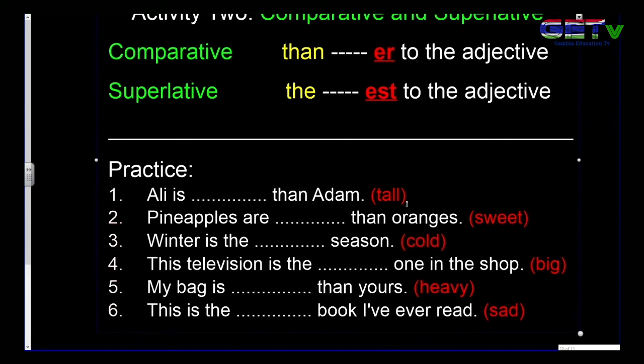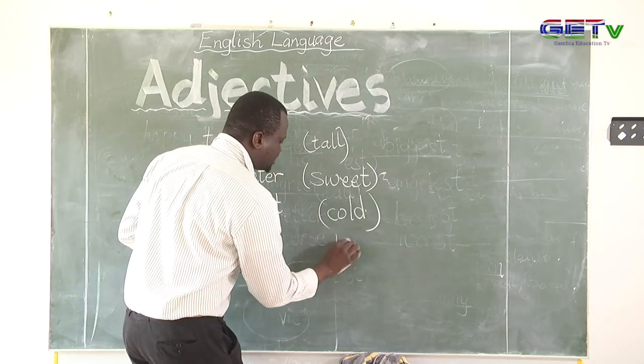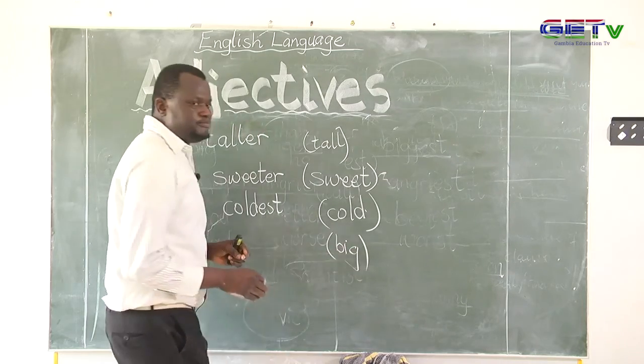Now the fourth one, number 4. This television is the blank one in the shop. Remember, when you get into a shop, you have lots of televisions. So if you are comparing this television with the rest, then you are going to use what? The superlative. And now the adjective we have in bracket at the end of the sentence is big.